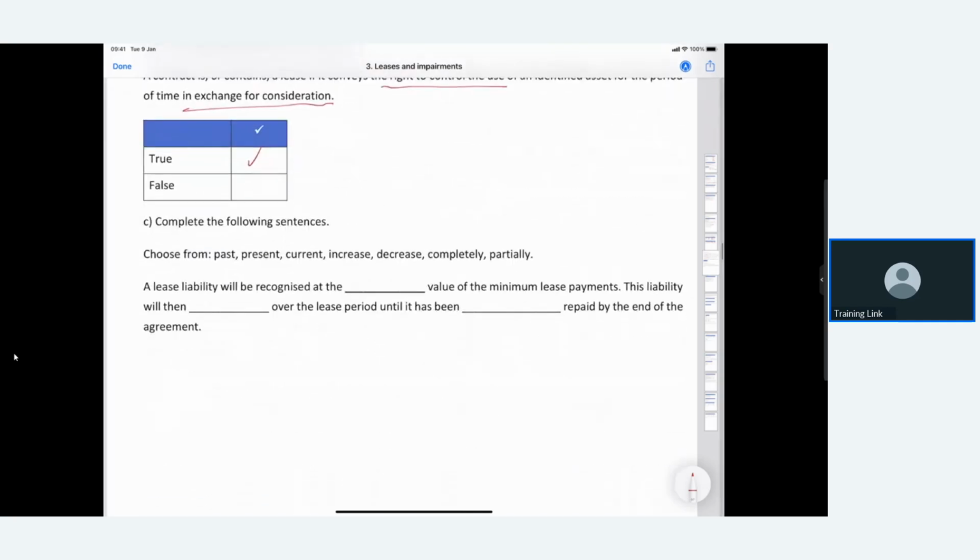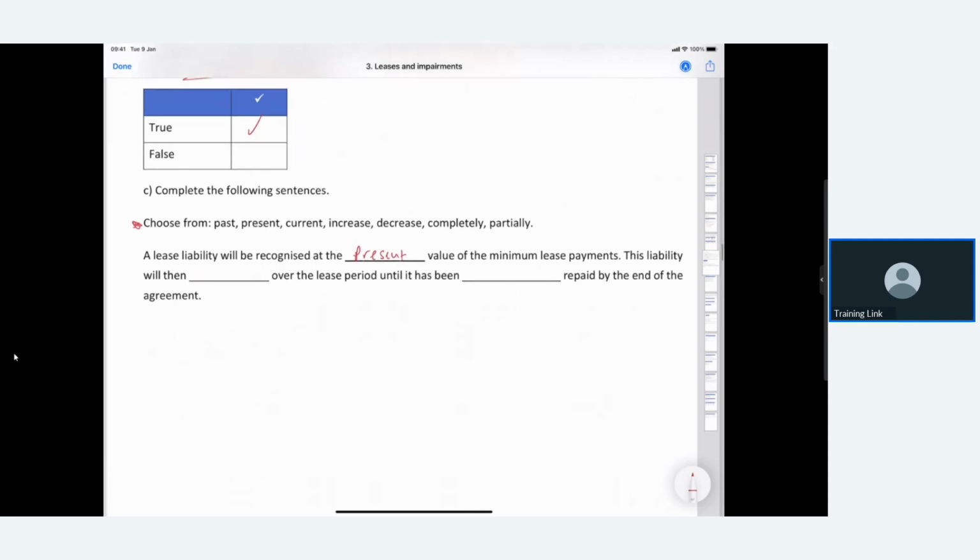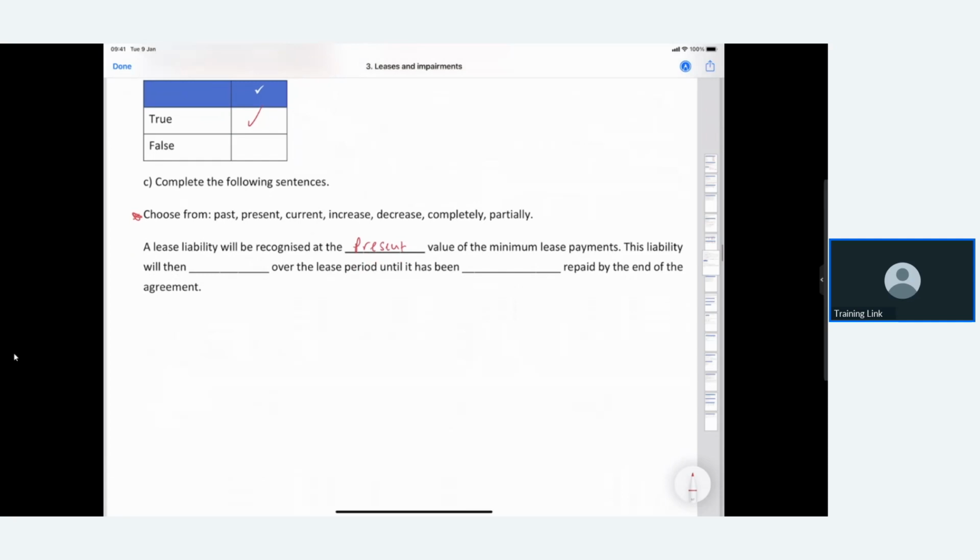Complete the following sentence. A lease liability will be recognised at the, we've got some options here, present value of the minimum lease payment, i.e. what will be owed at that time of recording, less discount factor, but we'll come on to that very shortly.